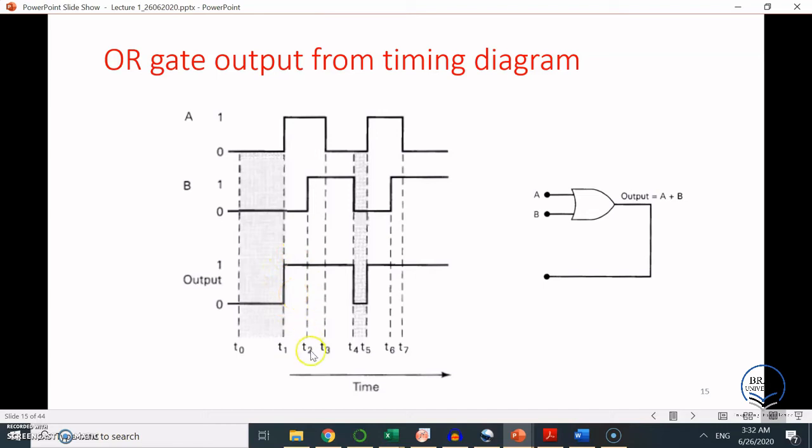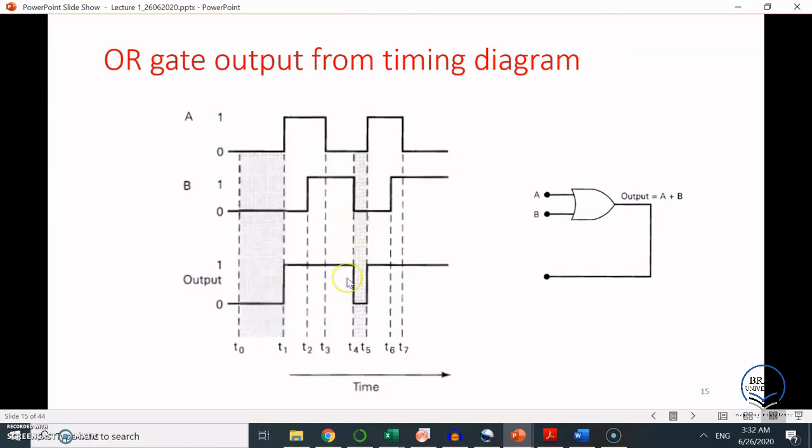Next, go to T2 to T3. For T2 to T3, we have input A high, input B high. As both of them are high, the output will also be high. Next, go to T3 to T4. Here A is low, B is high. Again, the output will be high.